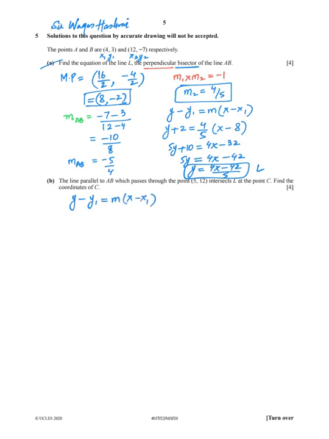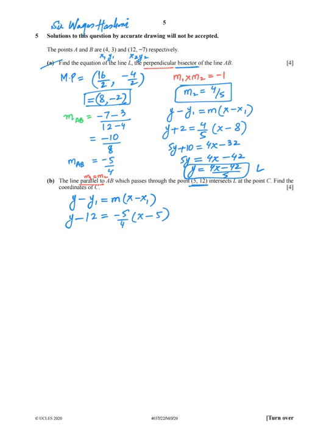The condition is, since the lines are parallel, that m1 equals m2, right? The gradient is the same. So we have the gradient, that is minus 5 upon 4. So y minus the value of y1, which is 12, equals m, which is minus 5 over 4, times (x minus x1, which is 5).